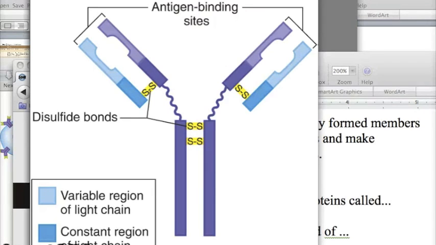And those are linked by disulfide bonds. So we see the disulfide bonds here that are holding together. Here's 1 chain, 2 chains, 3. These are a continuous chain here. So 1 chain, 2 chains, 3 chains, and 4 chains. And then there's constant regions and variable regions. The variable region is what is going to be able to attach to the antigen receptor site.